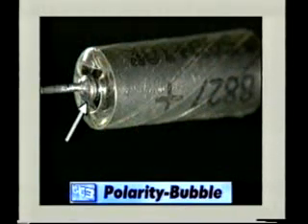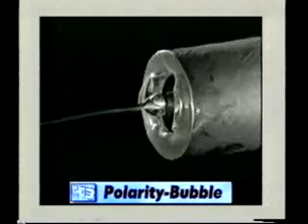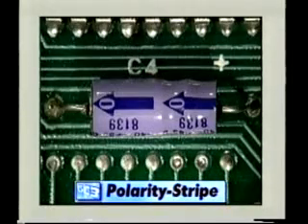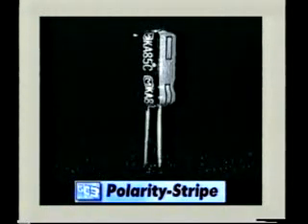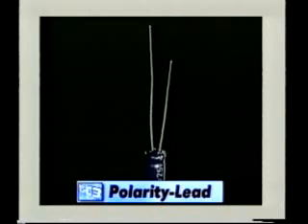If both ends have a bubble, the larger bubble is the positive end. A stripe with arrows down one side of the capacitor will point to the negative lead, while a band with minus symbols marks the negative lead on this electrolytic capacitor. Sometimes the positive end is marked by a longer lead.